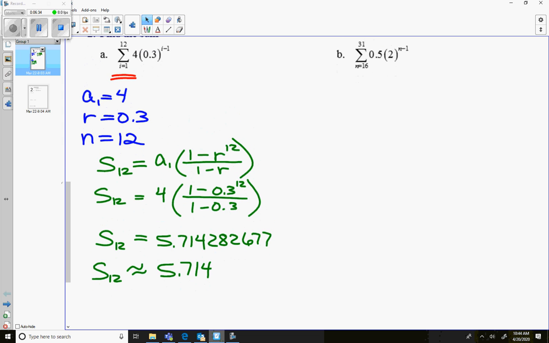Next one. Similar fashion. Now, this time the summation is for n equals 16 to 31. So first time through the loop, n is 16.